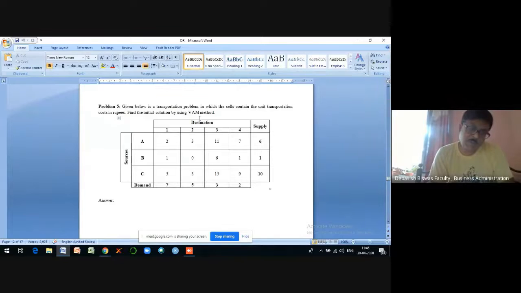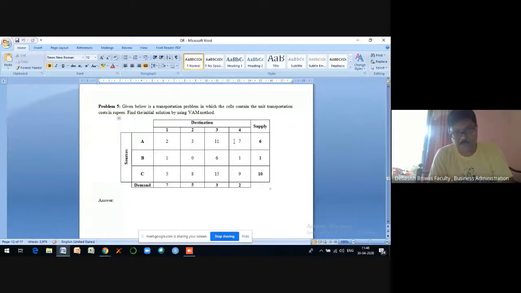In the case of Vogel's approximation method, first of all, we will compare the two lowest elements of each row. Again, first we have to search the 2 lowest elements from each row, then from each column. So first I am talking about the rows.